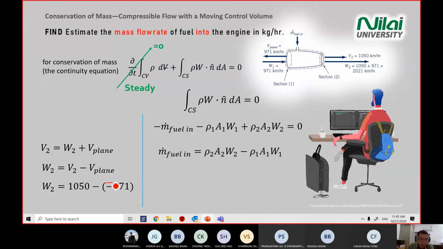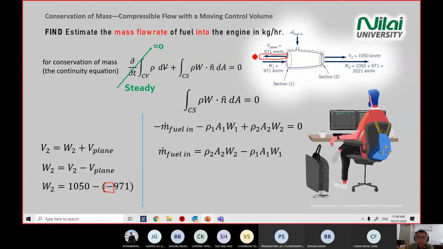All right. So just be careful on this one because here you're dealing with a vector, and this one is negative because of the direction. We're dealing with the vector direction rather than the control surface. We're dealing with the vector now.